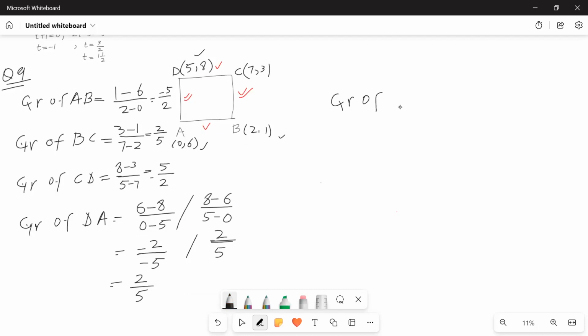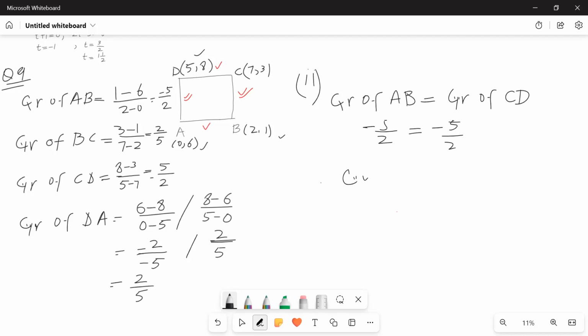Gradient of AB, I'm writing here. Gradient of AB is equal to gradient of CD. Both are the same, minus 5/2. They are equal. We are solving the second part of this question.